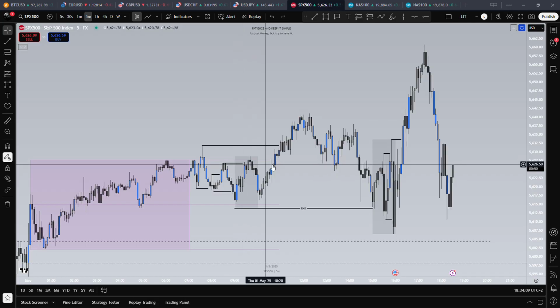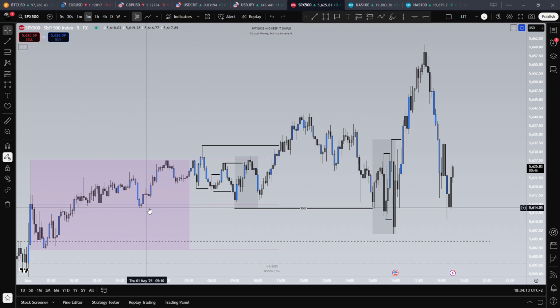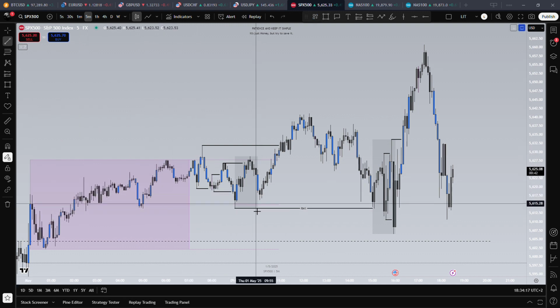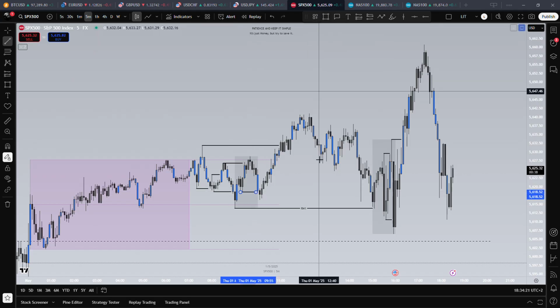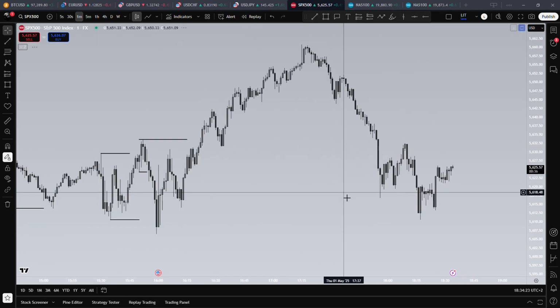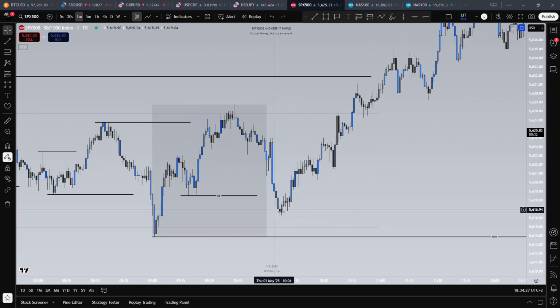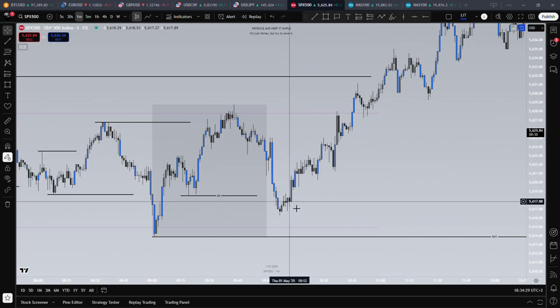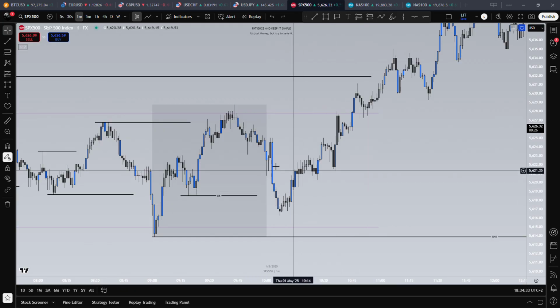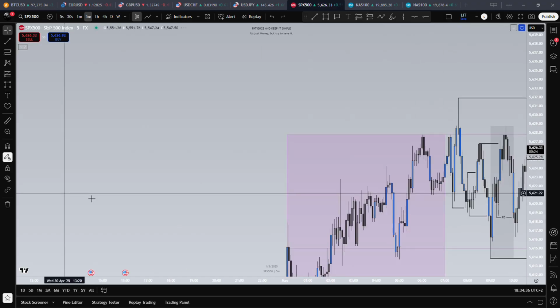So I was looking for buys, and we had this break up here, but I wasn't focused after having the two stop losses and with these equal lows. The problem is that sometimes I'm not focused because I have a bad trade or something. But we don't even have a confirmation here.